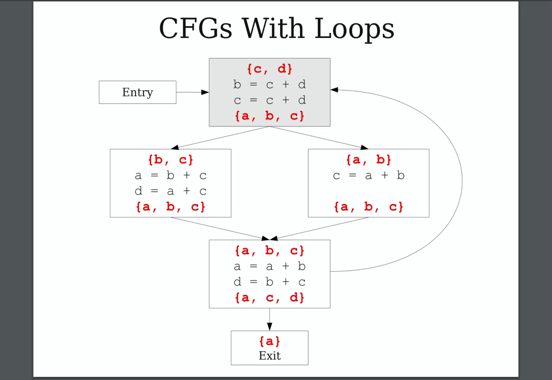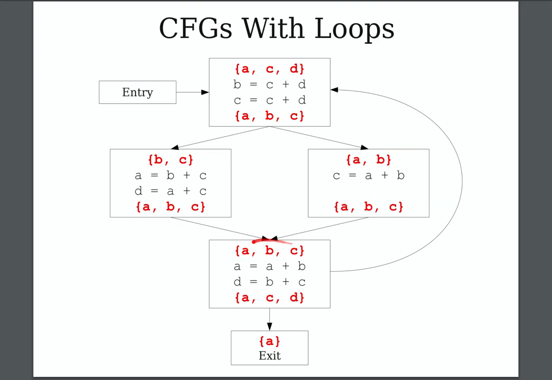And now that has a cascading effect on the set of live variables that enter this basic block. So we update this to show that the in set of values to this basic block is A, C, and D.